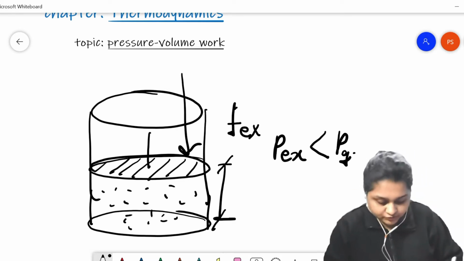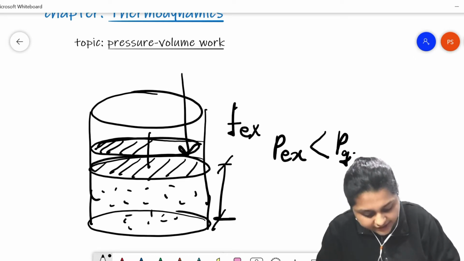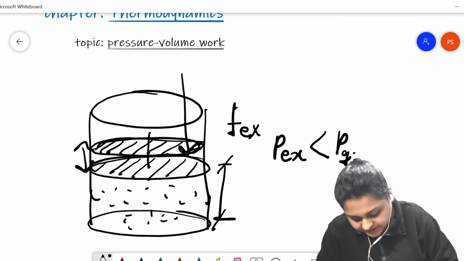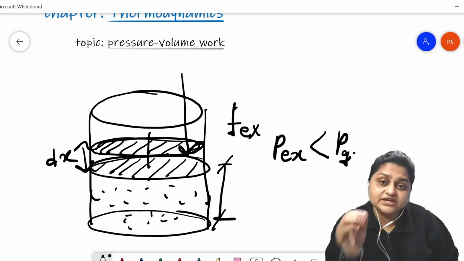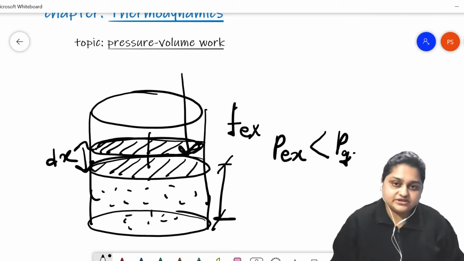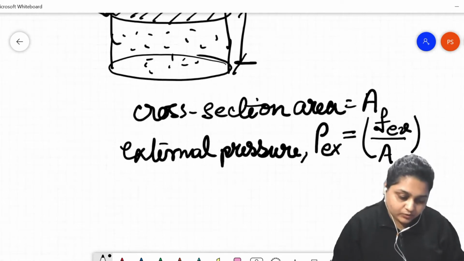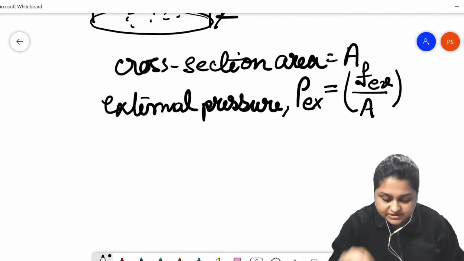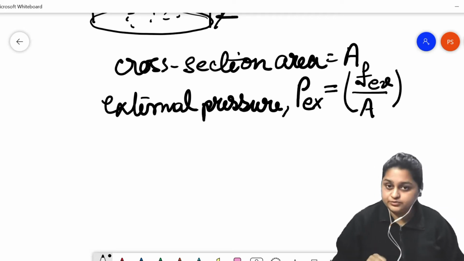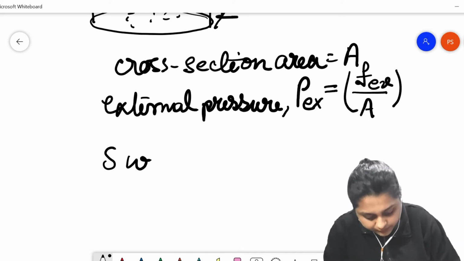So an expansion will occur, and as a result of this expansion the height of the piston will increase. The change in the height is going to be dx amount, an infinitesimal amount of height. Due to this very small increase in the distance, the work that will happen due to applying this external pressure over this piston is going to be delta W.